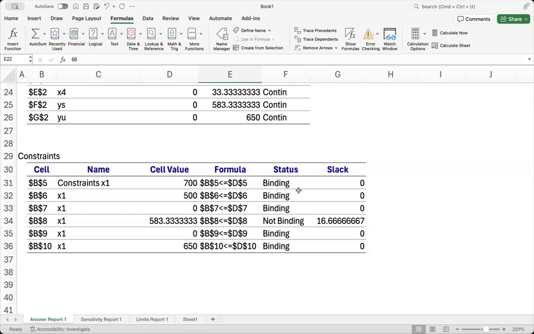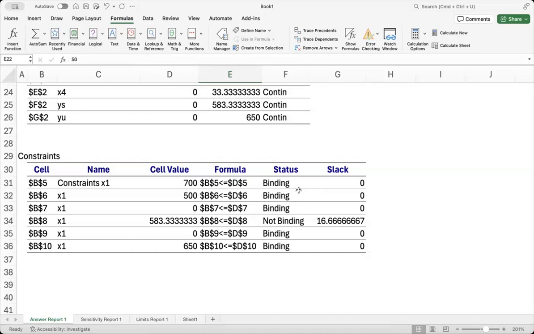You see that this constraint is also binding, and this constraint is also binding. The left hand side and the right hand side are equal. For the first constraint, they are both 700. And for the second constraint, they are both 500. And this one is not binding. That means it's not active.